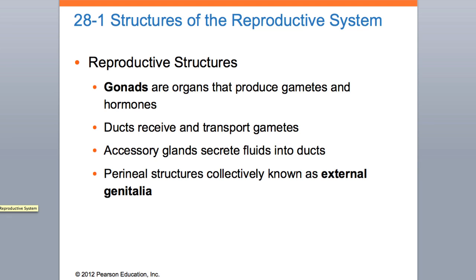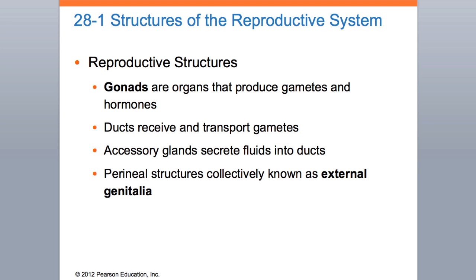Here we see a slide that you should know by now. So this is something basic that you should have learned prior to, and that is the word gonad that you see there. Gonads are organs that produce gametes. Now, gametes are the sperm as well as the egg. Notice again we see words like ducts. So ducts will receive and transport the gametes.